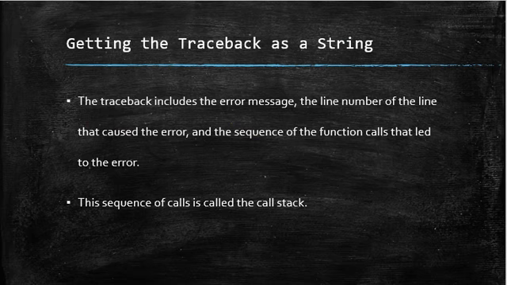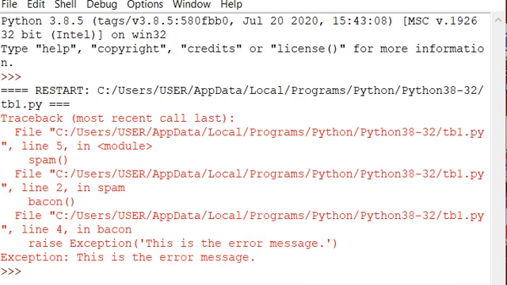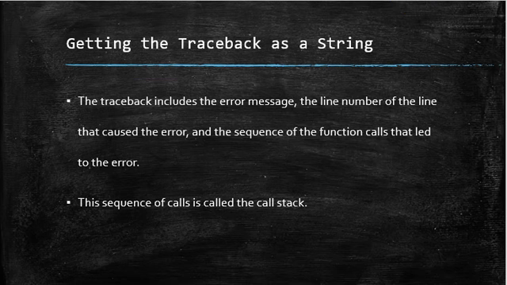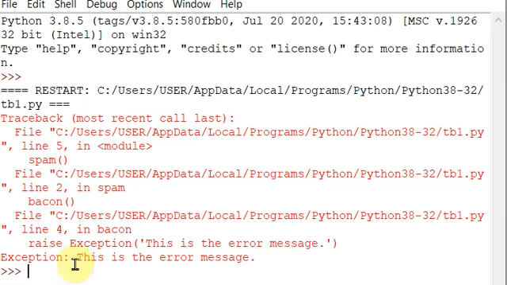That was also shown over here. Whatever is written inside the exception function, that string will be displayed. Along with that, the line number which caused the error and the sequence of function calls that led to the error. So what is that sequence of function calls? We had spam, in line number 5, we had spam.